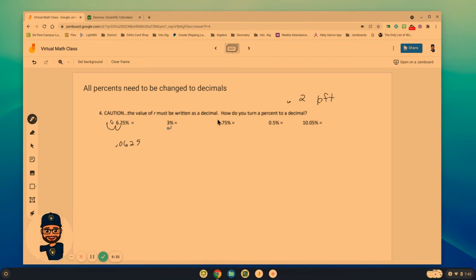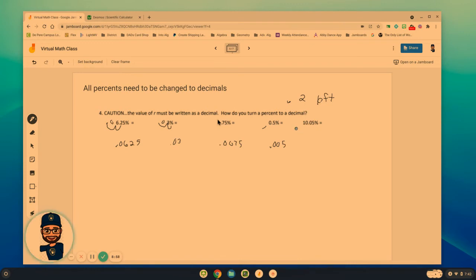3%. Move it once, move it twice, and I get 0.03. 0.75% would be 0.0075. 0.5%, moving it backwards twice would be 0.005.